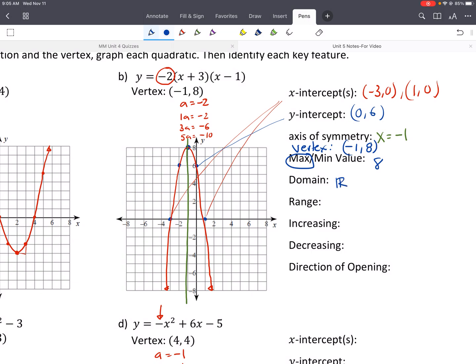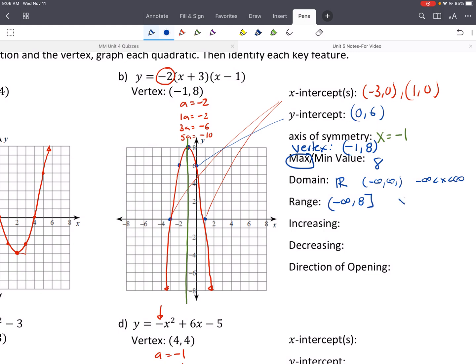Domain would be all real numbers. Okay, again, we can also write it like this or like this. Range is all y values, so we'd start at the lowest and go up. So it'd start at negative infinity all the way up to 8. So negative infinity to 8, and it would include that, so we'd want that bracket.